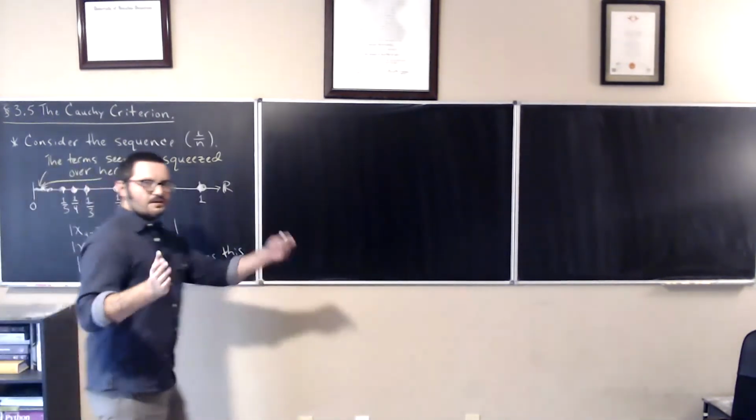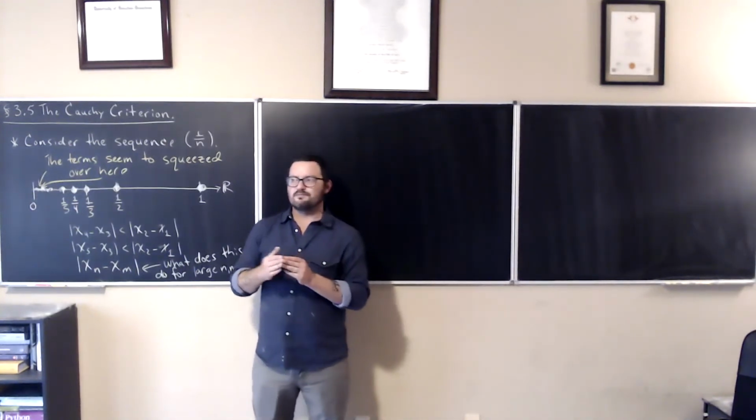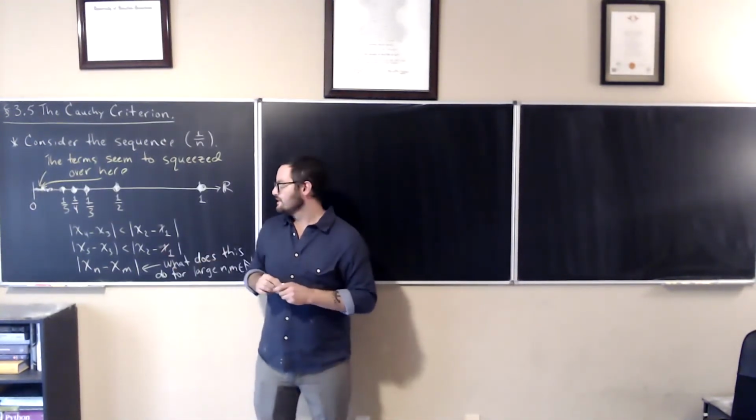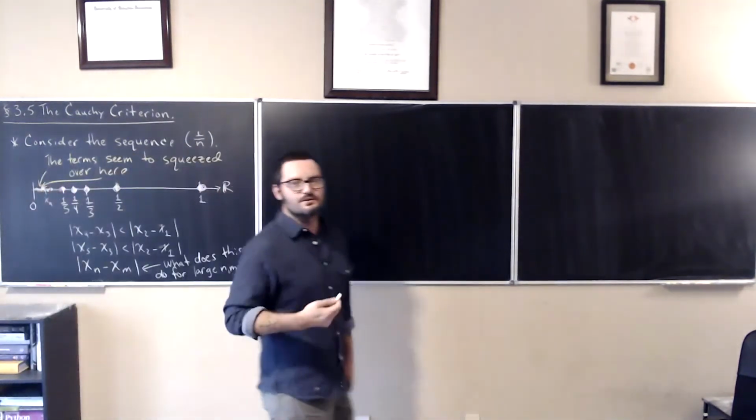Regardless of the distance from xn to xn plus 1, it looks like if xn is right there, then xn plus whatever is going to be close to it, right?